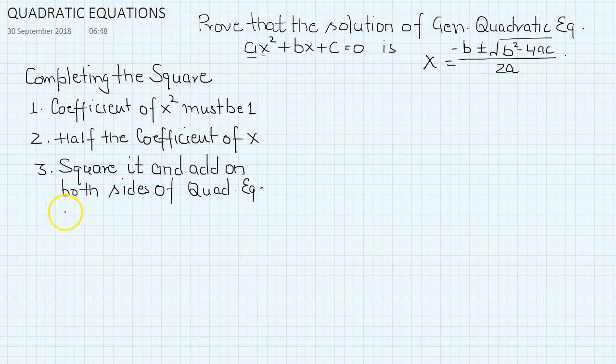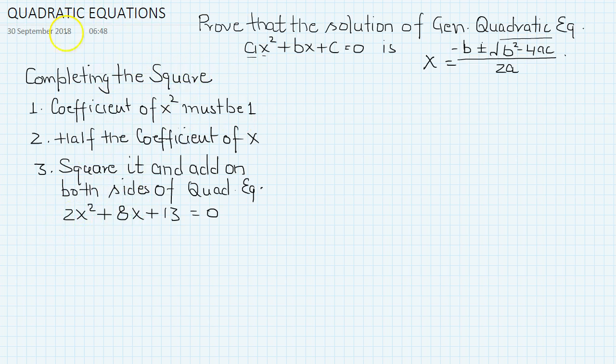If it is 2x square plus 8x plus 13 is equal to 0, this is our equation. We have to solve it using completing the square.